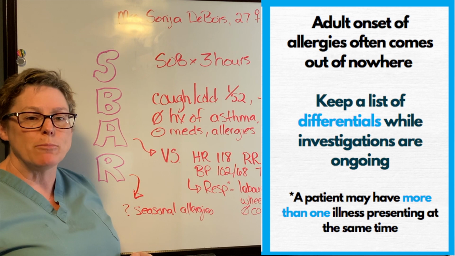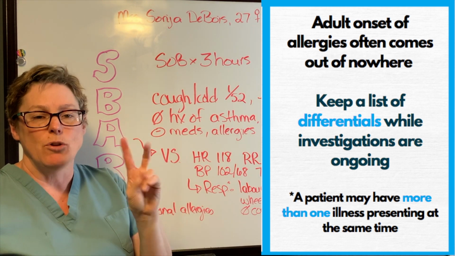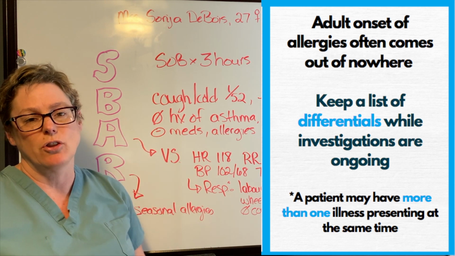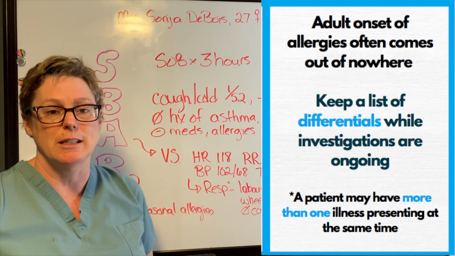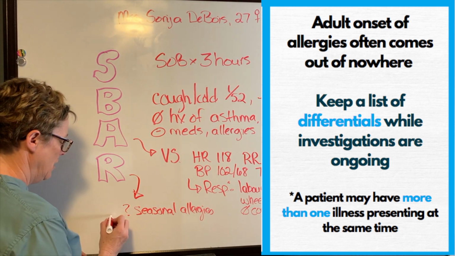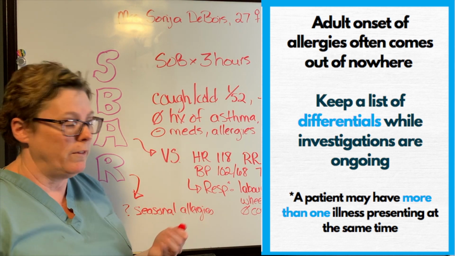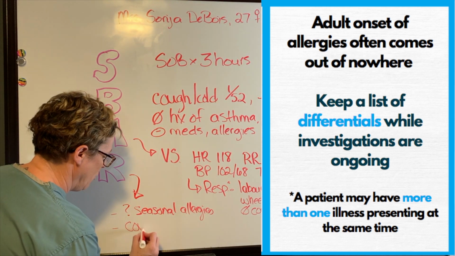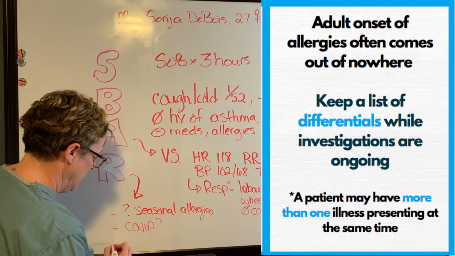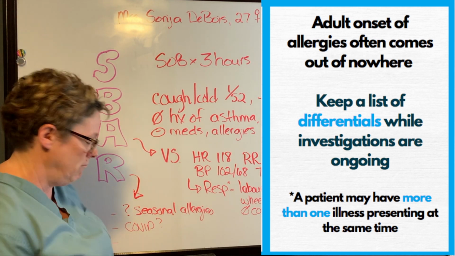And I believe it's always important to have a differential so that we don't get stuck and honed in on one thing. We should at least have 2 or 3 potential things that could be causing our patient's symptoms. So perhaps we think it's seasonal allergies. We're wondering if she's been exposed to COVID. So we're wondering if this might be a COVID patient. And then the other thing we're wondering is, is there any anxiety?